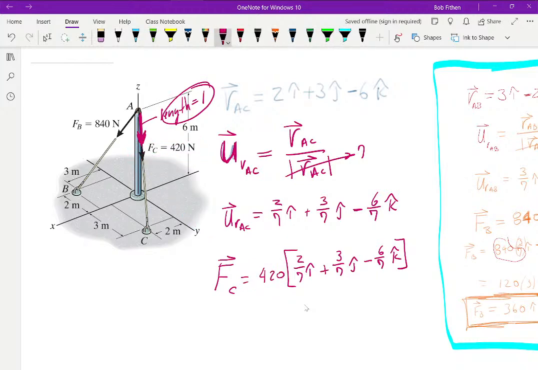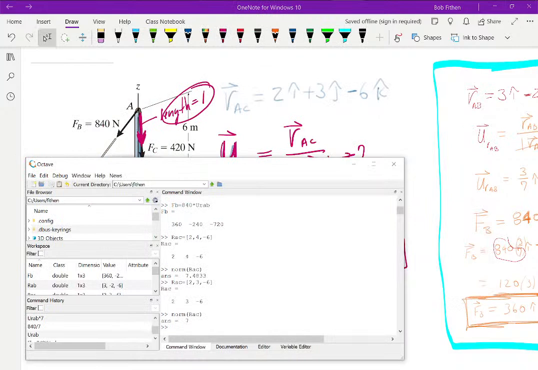Now, again, if I just want to let Octave or MATLAB take care of it, that's pretty easy. I did not find the unit vector yet. Unit vector RAC is equal to RAC divided by the norm of RAC.